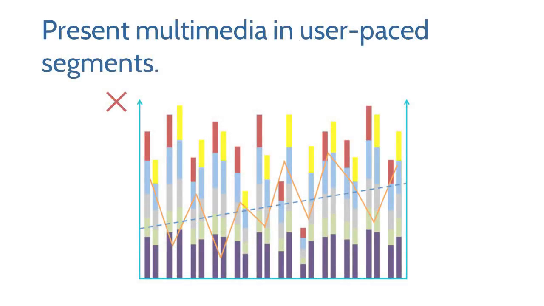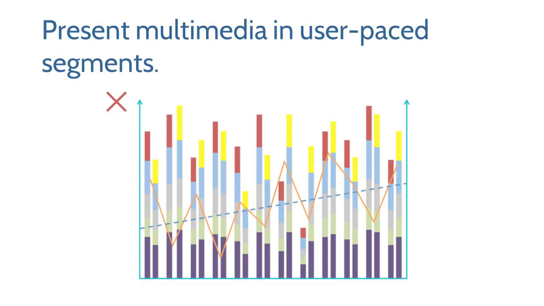This next best practice is about presenting multimedia messages in user-paced segments rather than a continuous unit. Remember at the beginning of this presentation, we said the gateway into long-term memory is limited? We talked about studies in which people were asked to remember strings of numbers and repeat them back, the limit being about 5 to 7. This can be improved by chunking, or making sure that content is segmented.